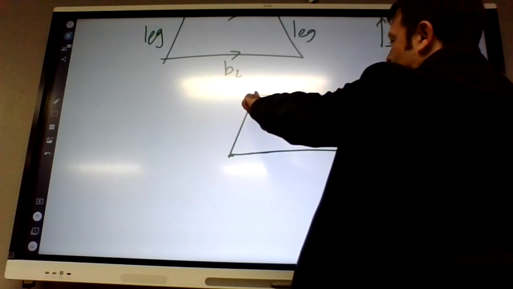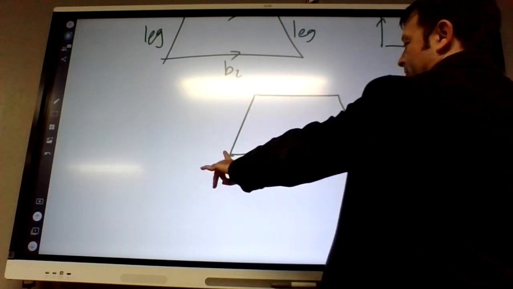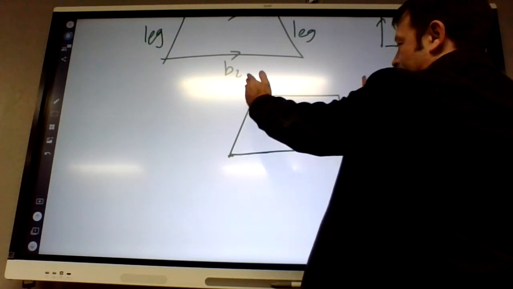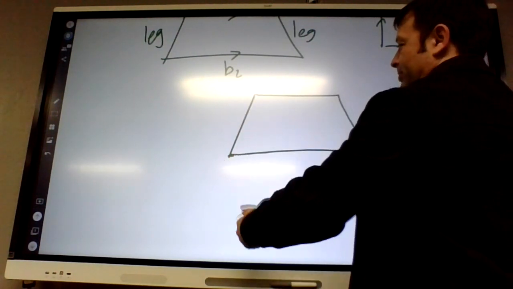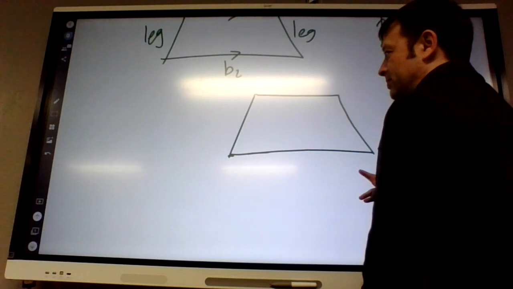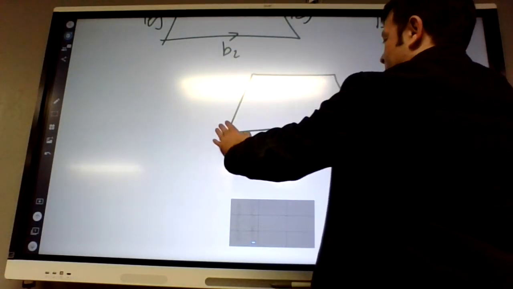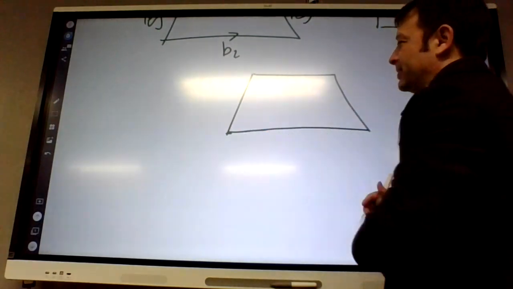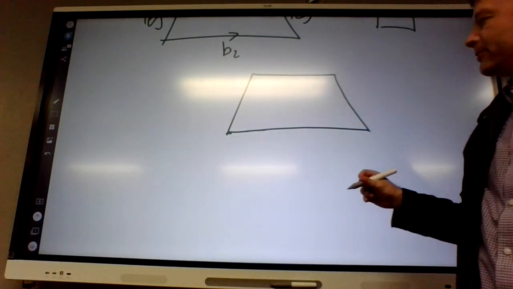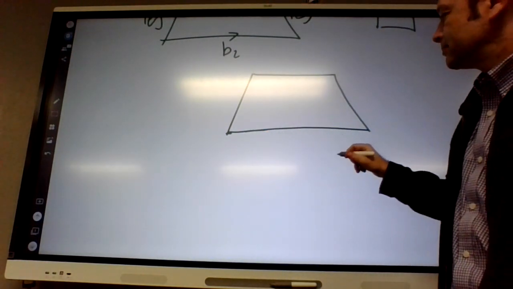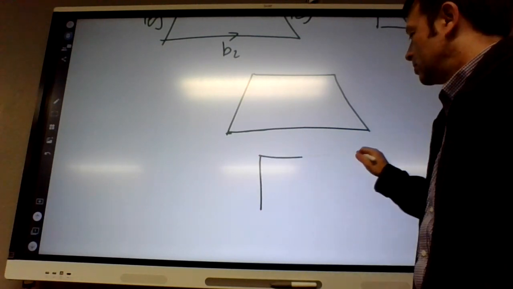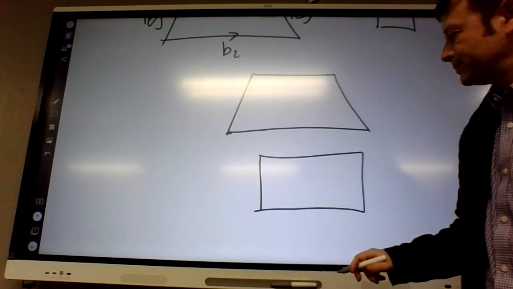If I pulled this out and pushed this in at the same time until they were straight up and down, what shape would I make? A rectangle, right? If I pulled this out a little bit and pushed this in to keep it balanced, it'd be a rectangle. And how do we find the area of a rectangle?